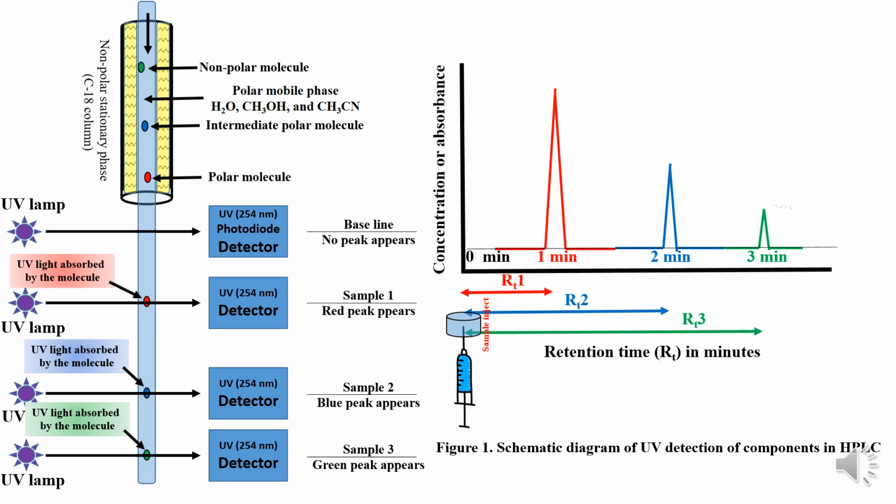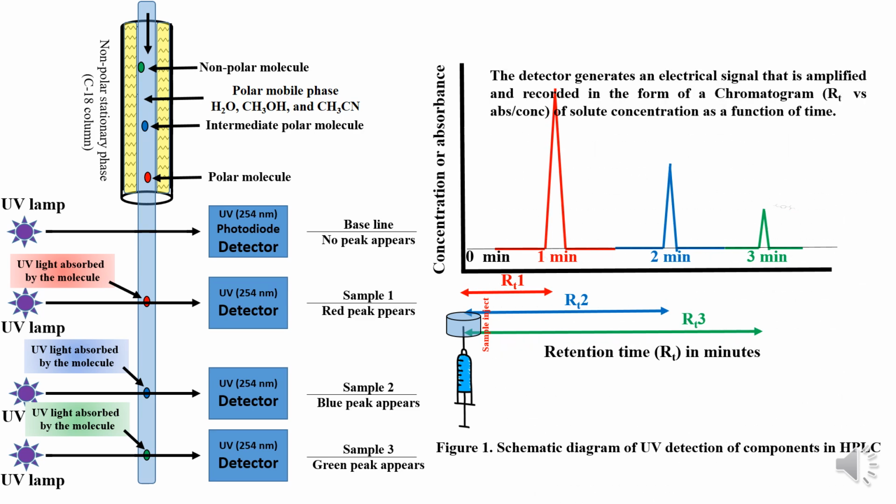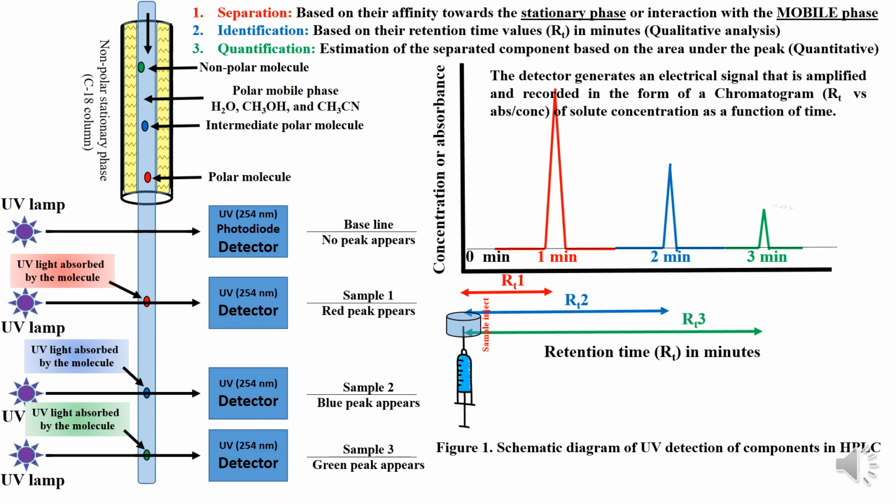So this figure depicts the UV detection of components in the HPLC based on their retention time value in minutes. The detector generates an electrical signal that is amplified and recorded in the form of a chromatogram with a plot of RT versus absorbance or concentration. That is solute concentration as a function of time.